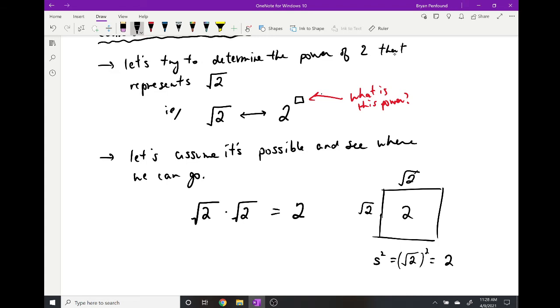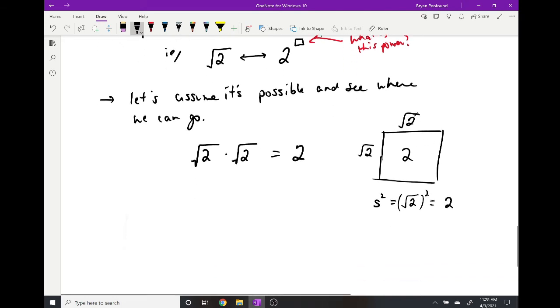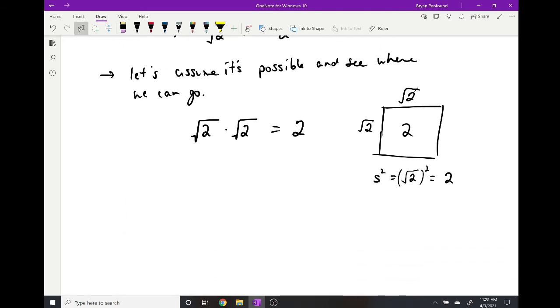Let's roll with this idea: we know that root 2 times root 2 is equal to 2. We're going to rewrite these root 2's as 2 to some power times 2 to some power. I just don't know exactly what those powers are.